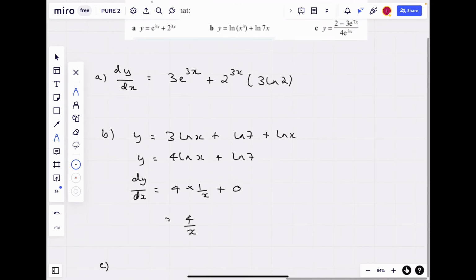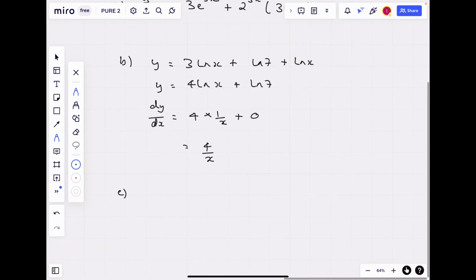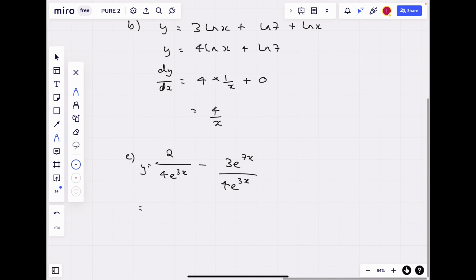Finally, for part C, you can split the fractions. Minus 3e to the power of 7x over 4e to the power of 3x. And now you can simplify this. So 1 over 2 e to the power of minus 3x minus 3 over 4 e to the power of 4x.